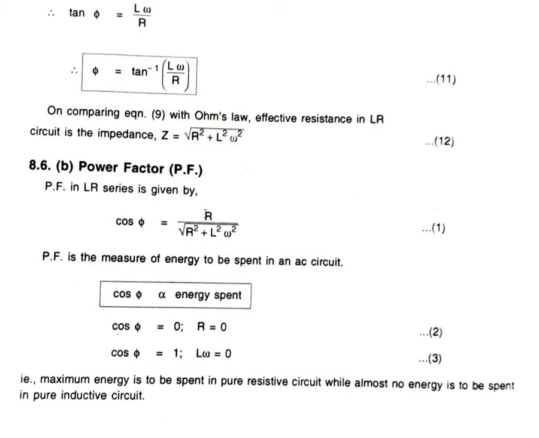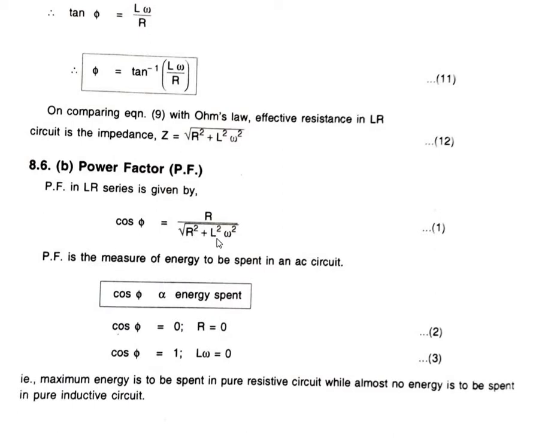When will R be equal to 0? In a purely inductive circuit, R is equal to 0. At that time, power factor cos phi is equal to 0. And when will cos phi be equal to 1? If L square omega square is equal to 0 or L is equal to 0.